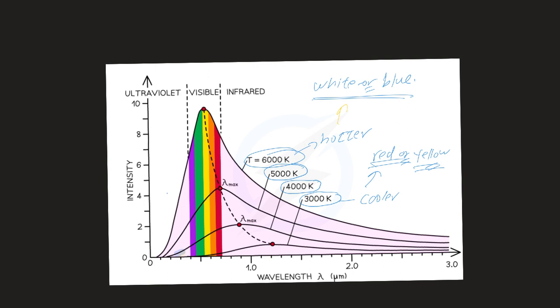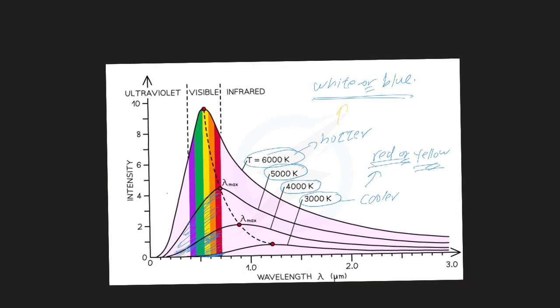For example, at a temperature of 3000, yellow red color, very small red color. At a temperature of 4000 Kelvin, all colors of the spectrum, but the peak value exists in the infrared region. Here the peak value exists in the red region along with all colors.